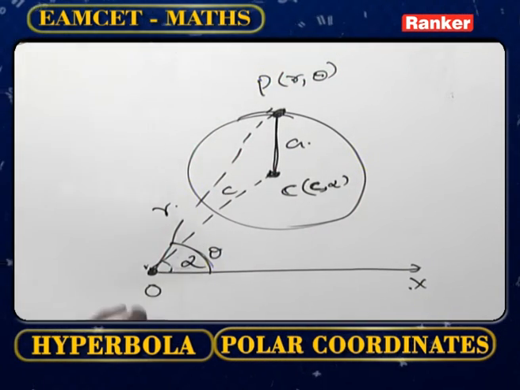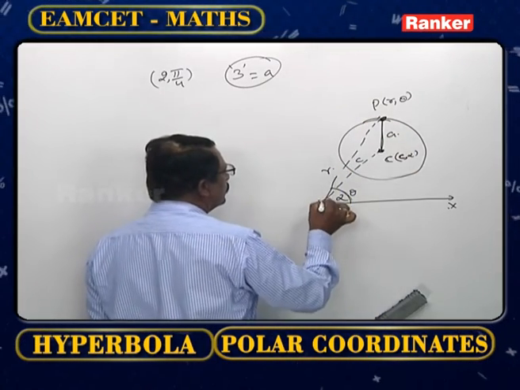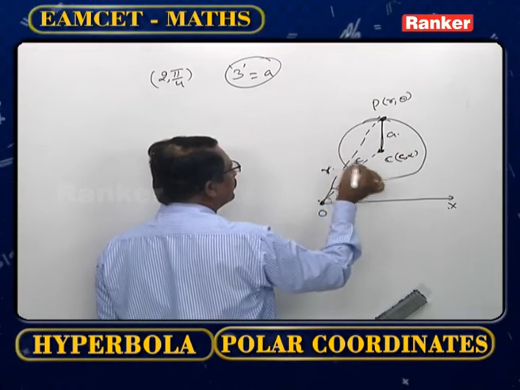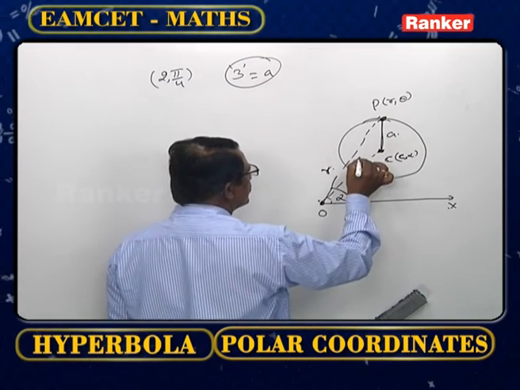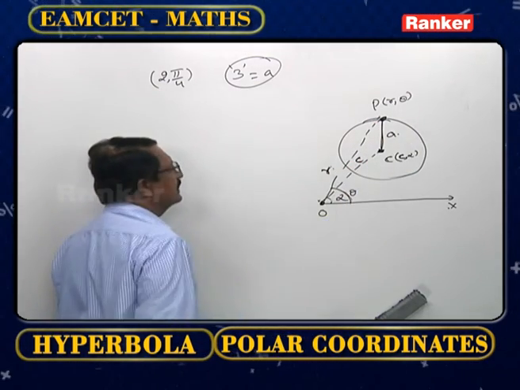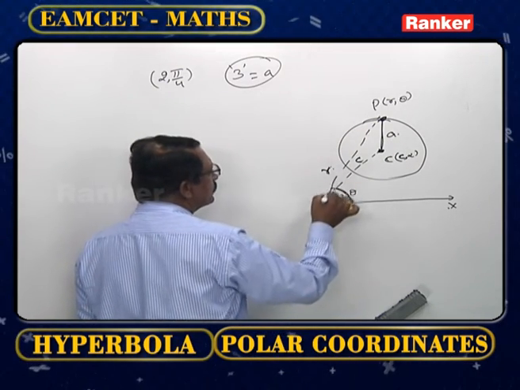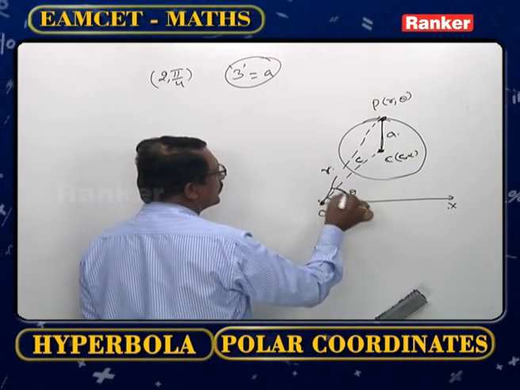Now in triangle OCP, OP equals r, OC equals c and CP equals a, and OP is inclined at an angle theta with the polar axis, OC is inclined at an angle alpha with the polar axis.